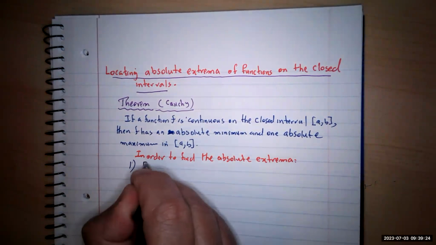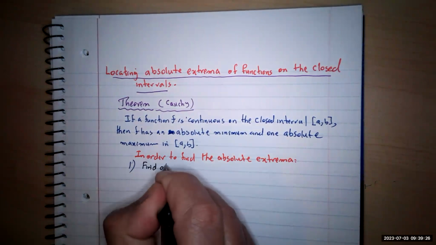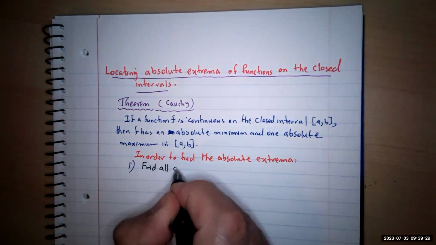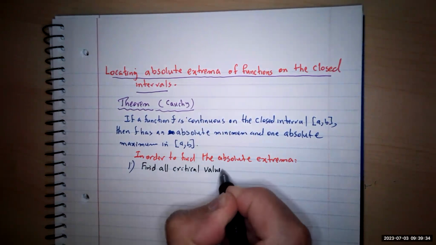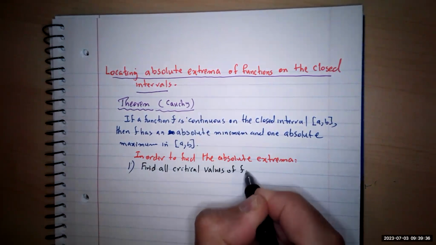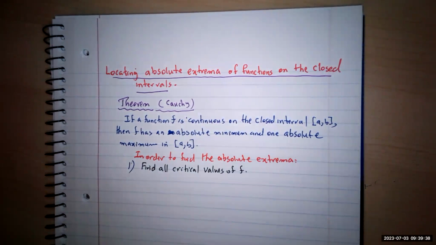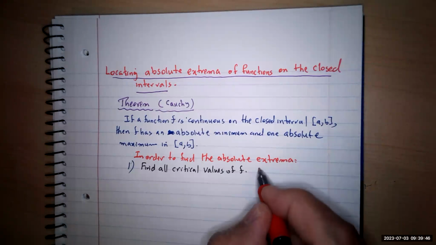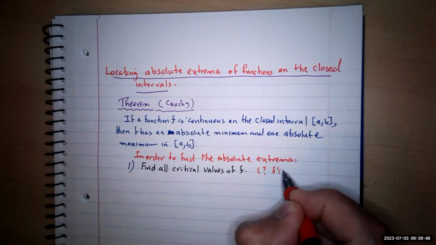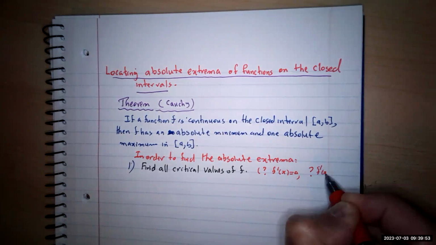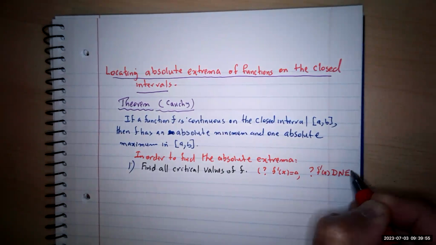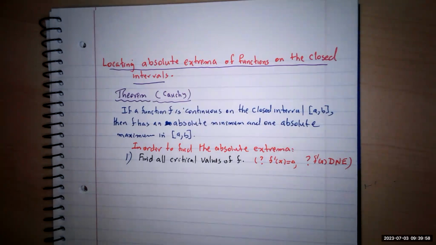Find all critical values of f. You know where you are going to find them? You are going to find them in two places: when f'(x) equals 0, or when f'(x) does not exist. So this is where you find the critical values.